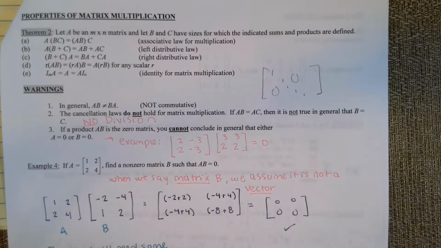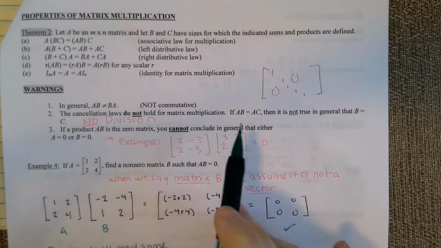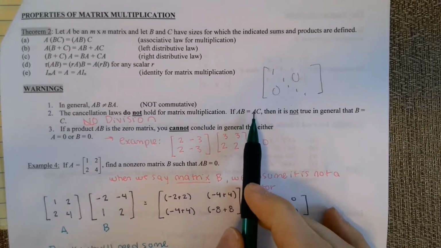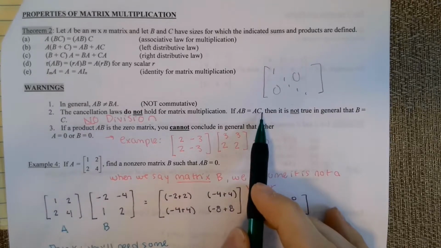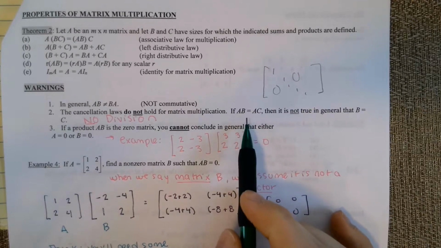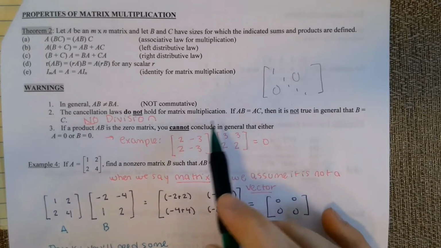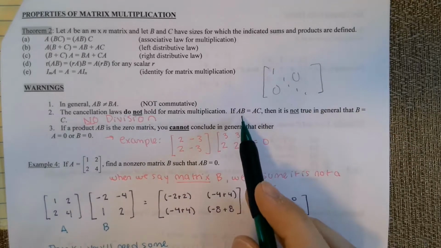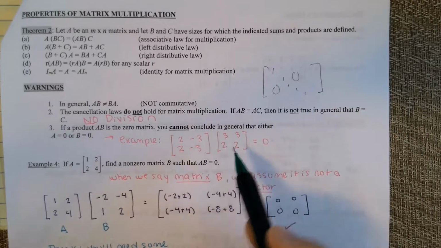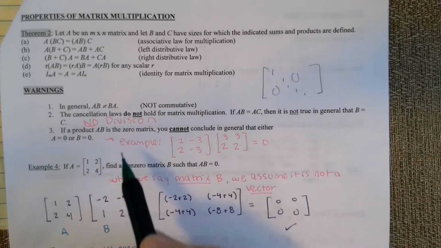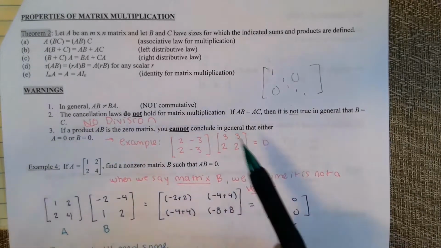Other warnings. You cannot divide. So if AB equals AC, you cannot say then B equals C. That's not true. You can't divide by A. You can do the inverse of A, which we'll talk about in the next lesson, but you can't divide by A. And if AB is equal to 0, you can't conclude that either A is 0 or B is 0, and I've provided an example for you here.